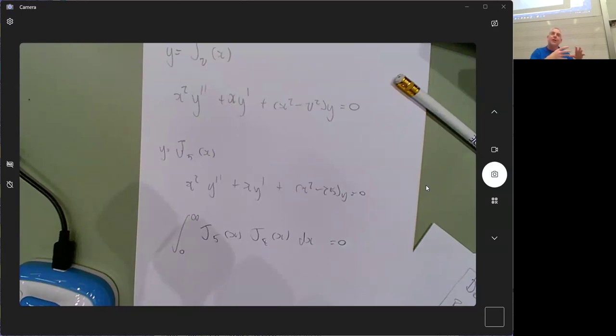And so you can say, let's write my left-hand side as a Fourier series with Bessel functions and match them up instead of the sines and cosines. That's just crazy talk. For me, it's just knowing which differential equation they satisfy. That's the important thing.